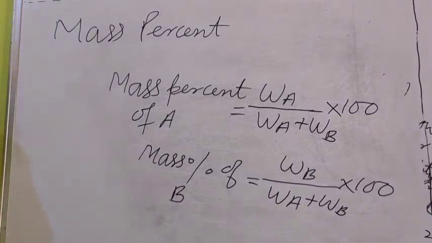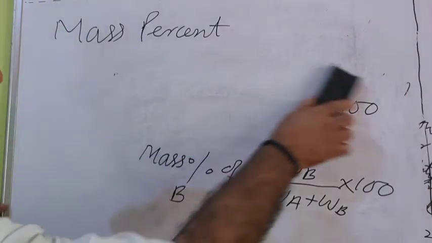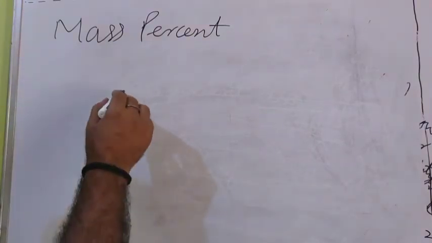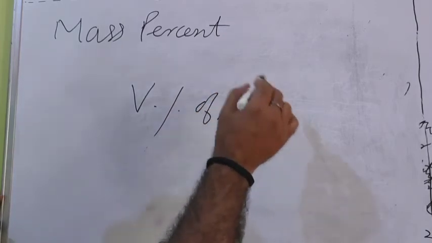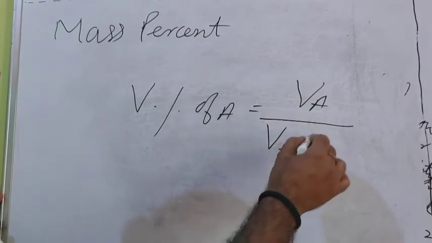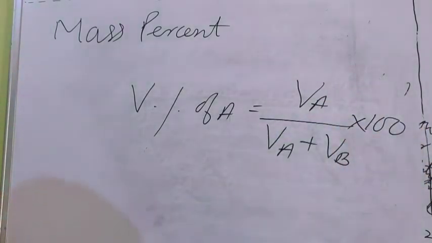Similarly, you can also find the volume percent. In place of mass, we can use volume. The volume percent of A equals VA upon VA plus VB into 100.